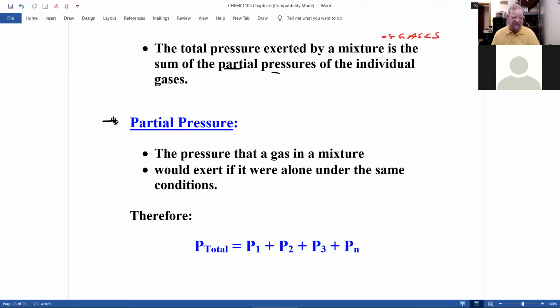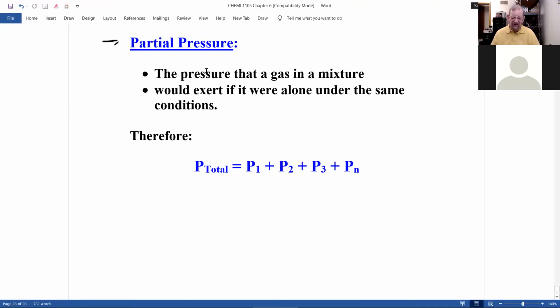What you should know, and this will be given to you, is that the total pressure of a mixture of gases is the sum of the partial pressures. If you had 10 gases, you add 4 plus 5 plus 6, up to 10. And if you only have 2, it would be P1 plus P2, where P sub number is the partial pressure.